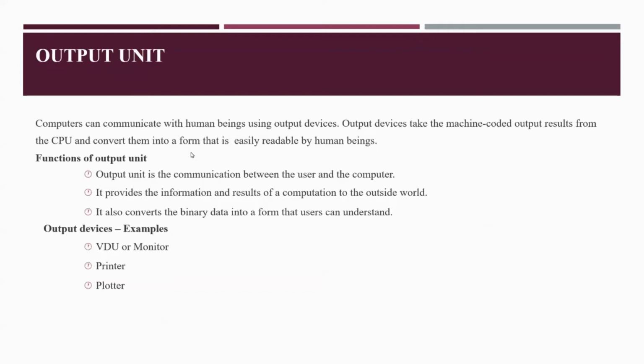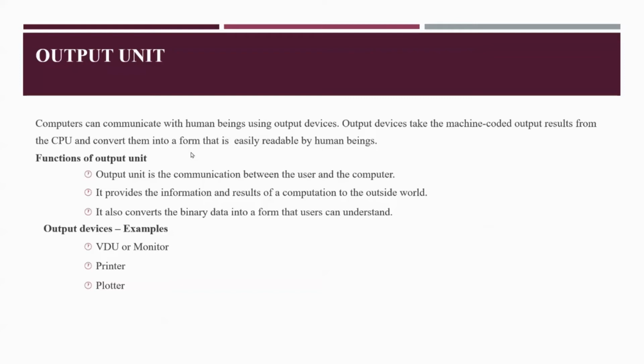Basically, the output unit performs 3 main functions. As I already told, the output unit is the unit that communicates between the user and the computer. Second, the result computed by the central processing unit will be displayed to the outside world by using the output unit.